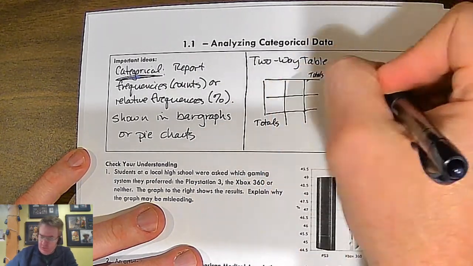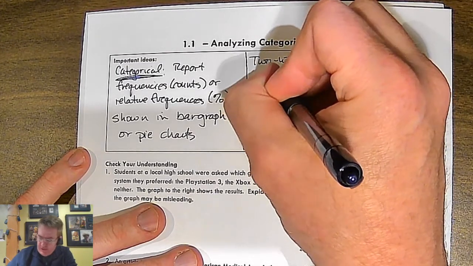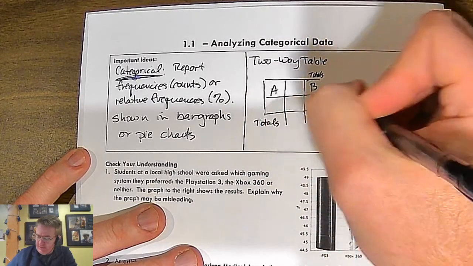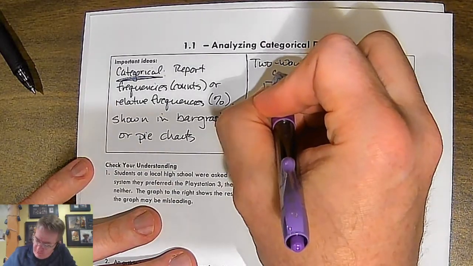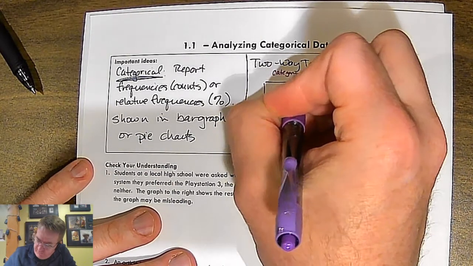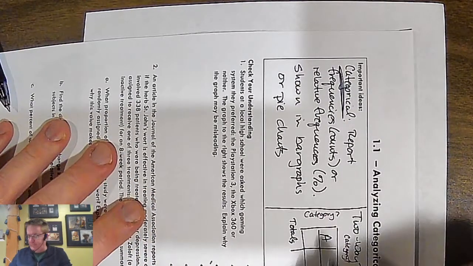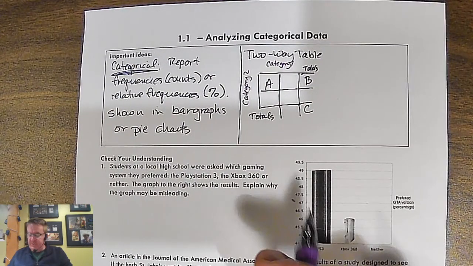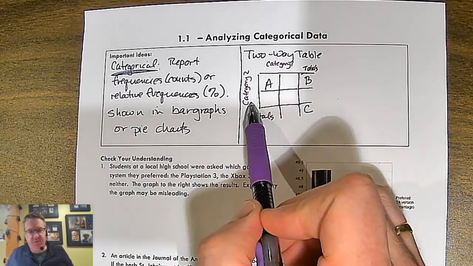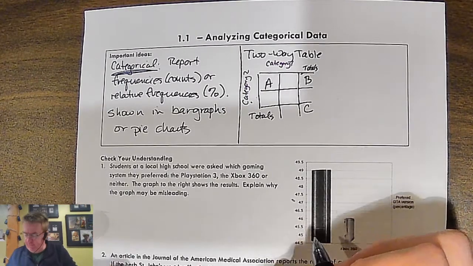If I've got a piece of data here, which is A, B, and C, and I'm going to say we're going to have a category up here, category 1, category 2, and typically the cause will be up here and the effect will be down here. Sorry, it's been a long day. Kicking a lot of these out.